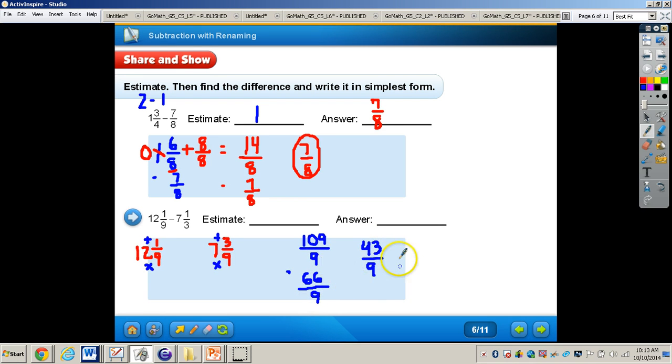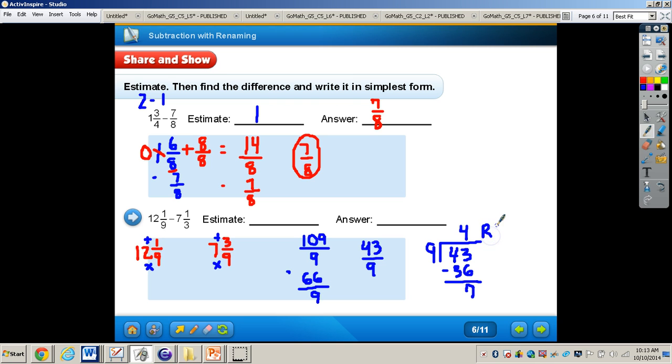Now what I want to do is change this back into a mixed number. In order to do that, I divide my numerator by my denominator. 9 into 43 goes 4 times. 4 times 9, 36. I have 7 for my remainder.